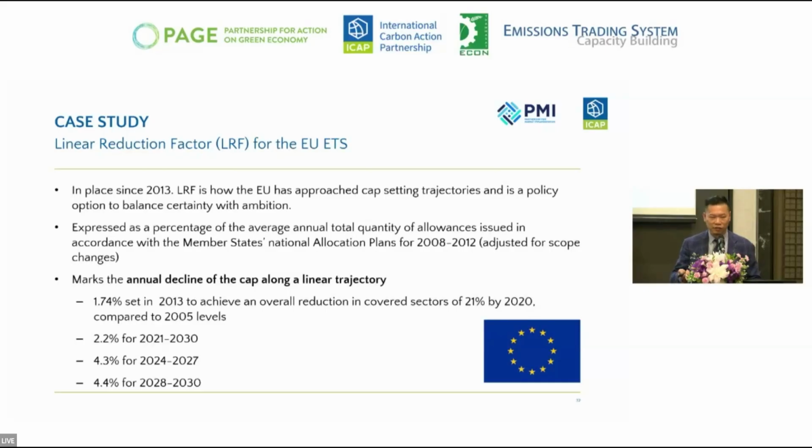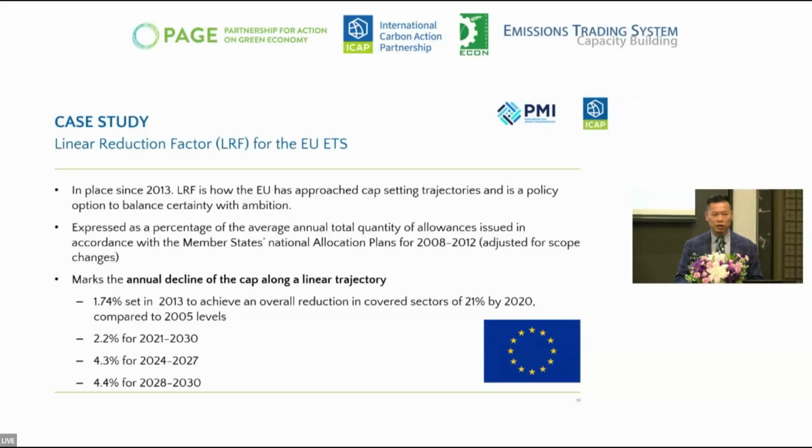And then after the EU Green Deal, this number rose to 4.3% every year, and it will rise to 4.4% from 2028 to 2030. So we see each year it reduces more emissions than before, and that shows the ambition of the EU ETS and provides long-term certainty for the covered entities.